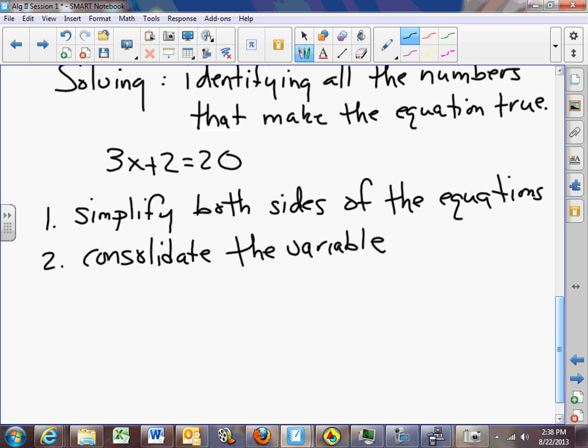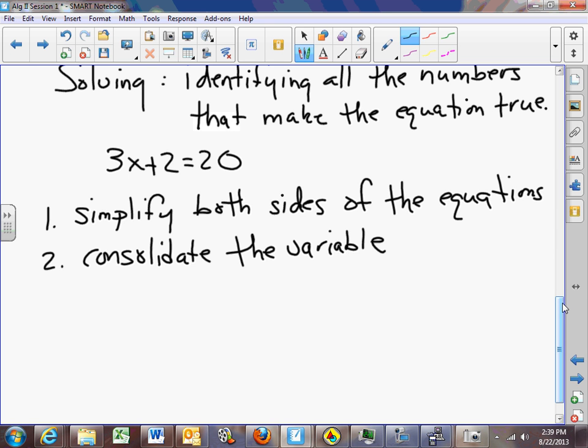What this means is, after simplifying, if you have a variable term on the left-hand side of the equation and a variable term on the right-hand side of the equation, you would want to move, through the addition property of equality, the terms that contain the variable all to the same side of the equation, and then simplify them, combine those like terms into one single term that contains the variable. That would be consolidating the variable.